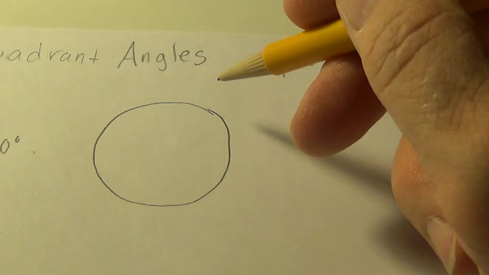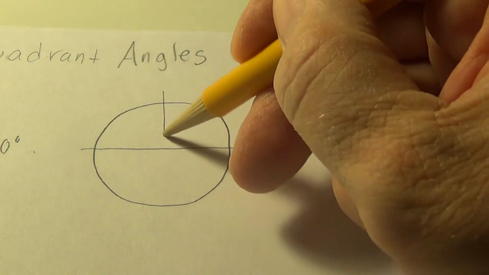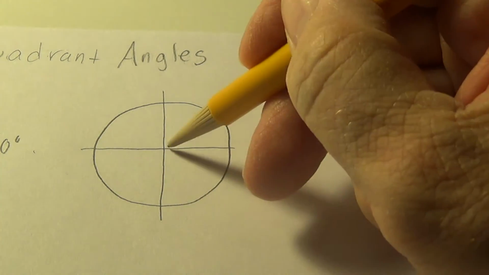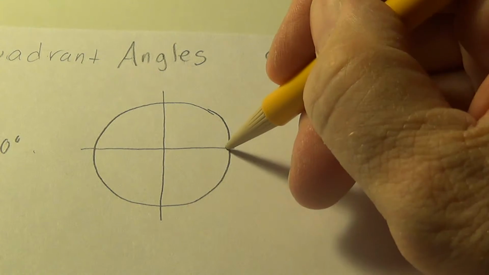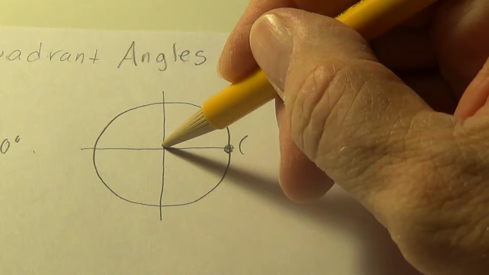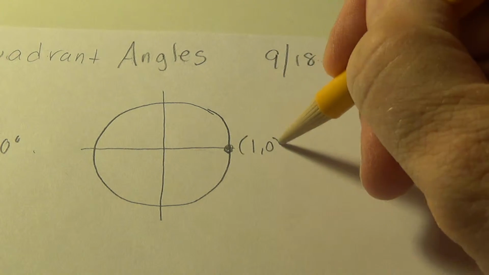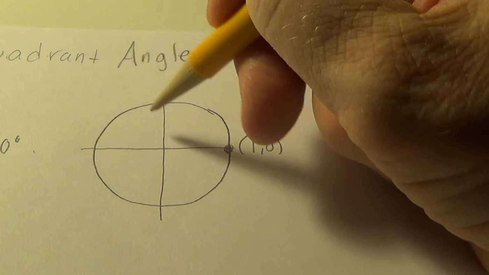Here are the unit circle's coordinates. Since this is 0, 0, this would be 1 over and 0 up. So 1, 0 is the name of that coordinate.